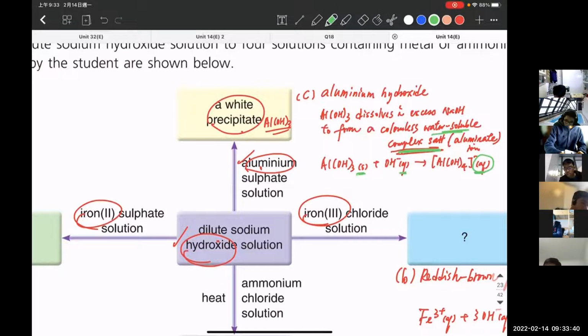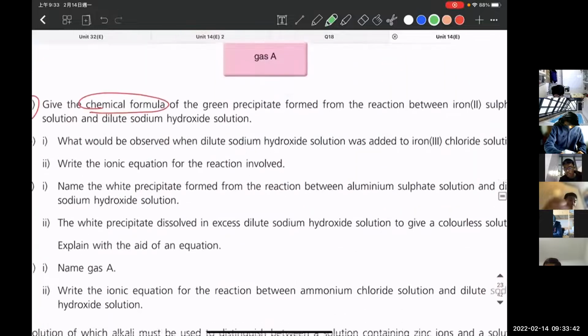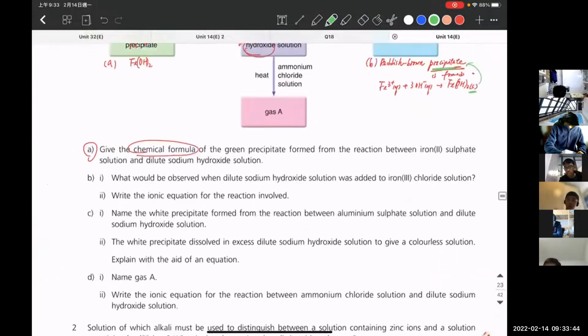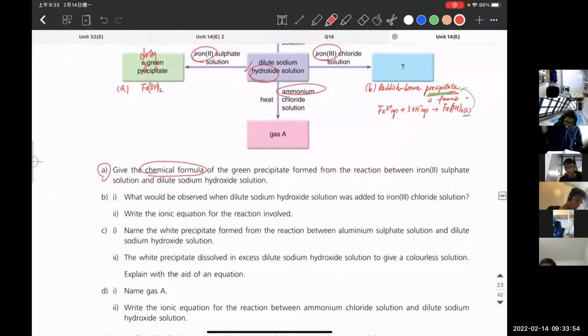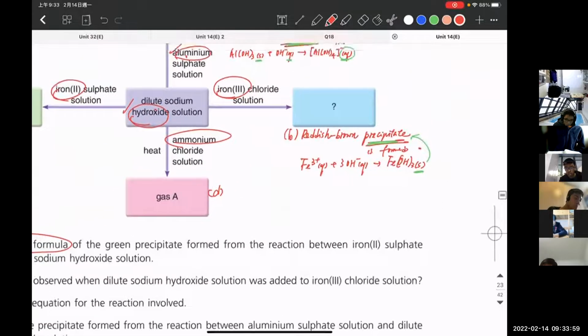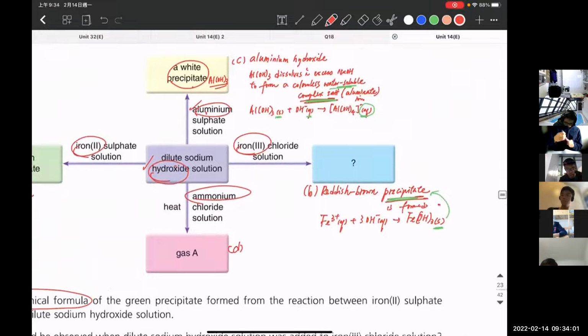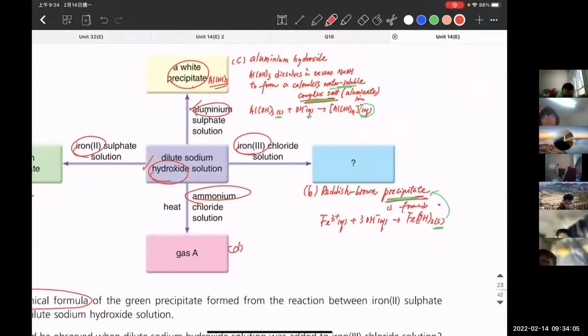How about D? Name gas A. What happened if I add hydroxide to react with ammonium ion to form a gas? What is that gas? And write down the ionic equation. What is the gas?